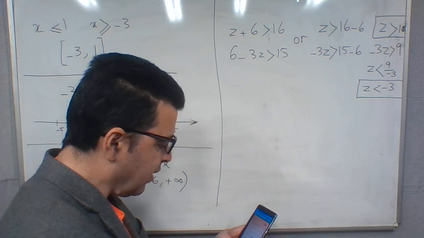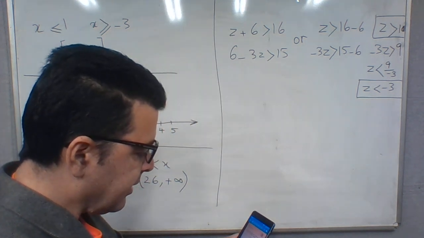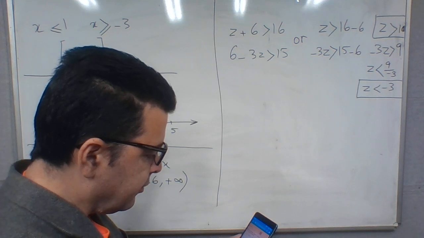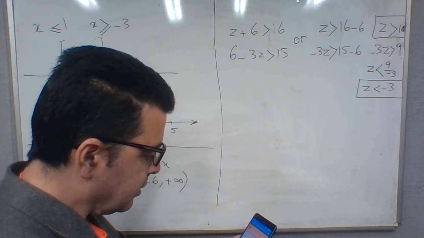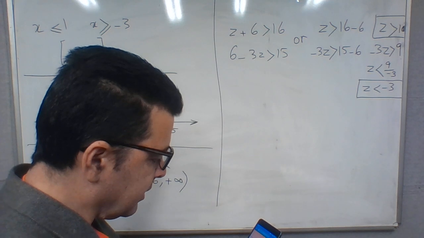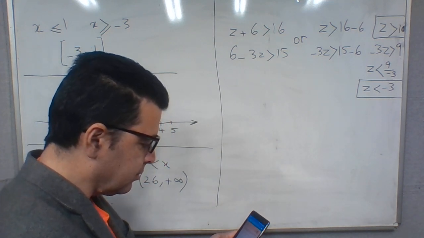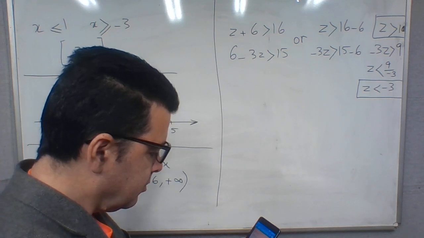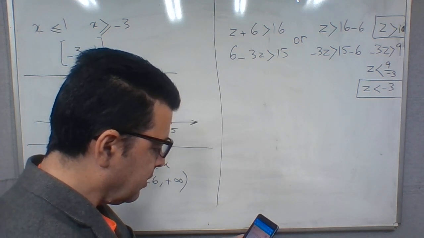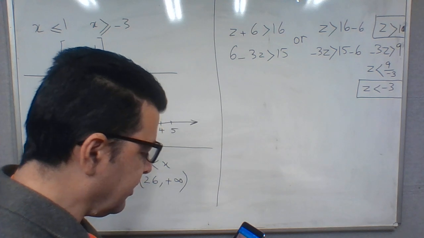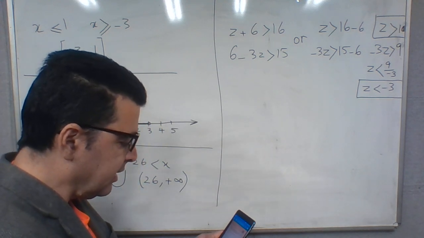It says simplify the inequality, graph it, write it in interval notation, and then inequality notation. Write your answer in interval notation. So starting from the beginning, simplify the inequality.